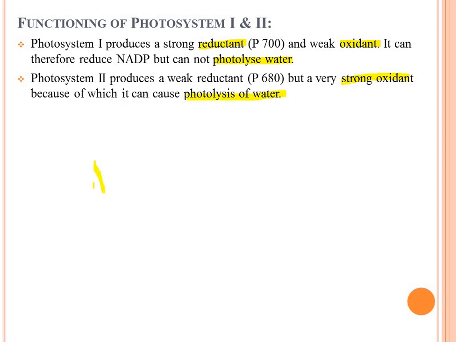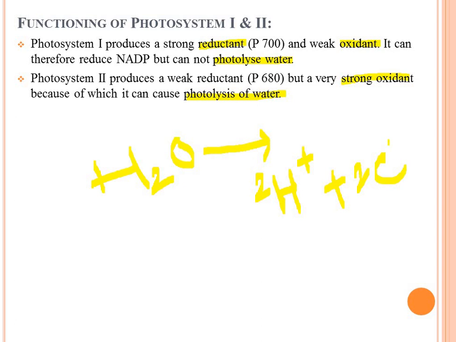What happens in photolysis of water? Actually, the water molecule splits into two hydrogen ions, H plus, two electrons and half oxygen.